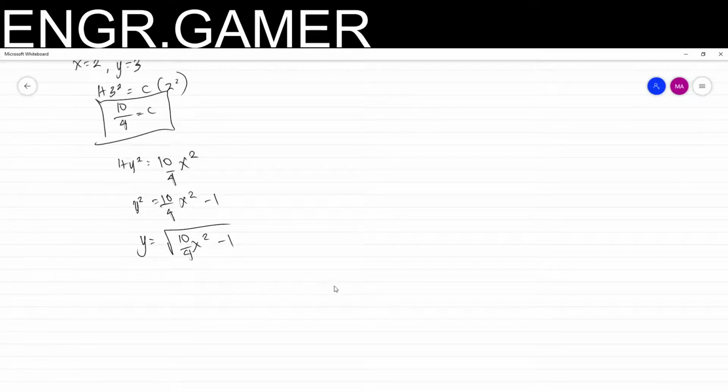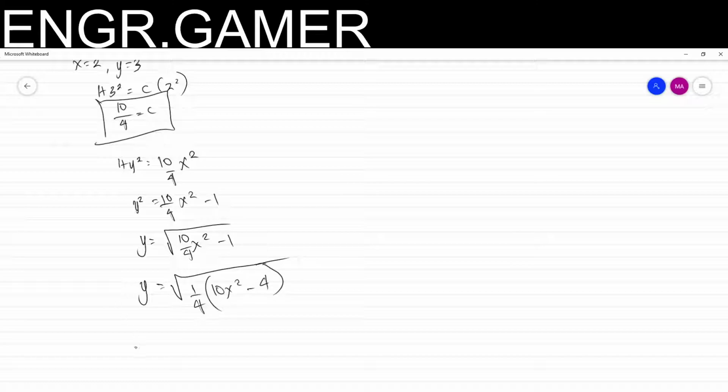So pwede natin tanggalin yung 1/4 sa kabila. This is square root of 1/4 times 10x squared minus 4. So 1/4 times 10x squared is 10 over 4 x squared. 1/4 times 4 is equal to 1. So itong 1/4, pwede natin siyang ilabas. Okay?